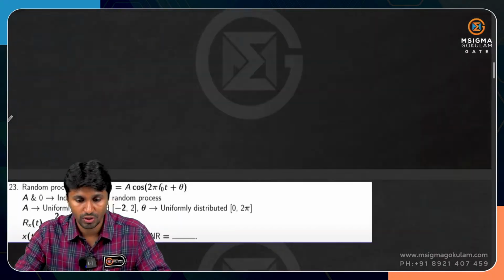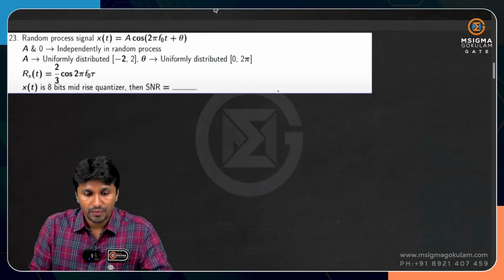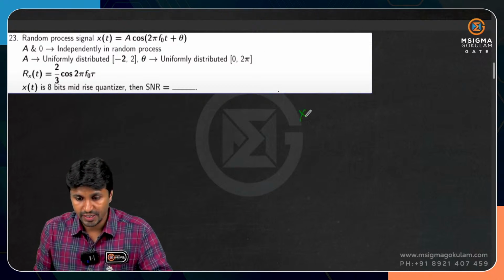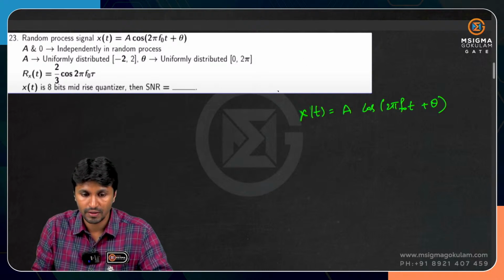Now let us move on to the next question. Look at this one. Random process signal x of t is given as x of t equals A cos 2 pi f naught t plus theta, right?